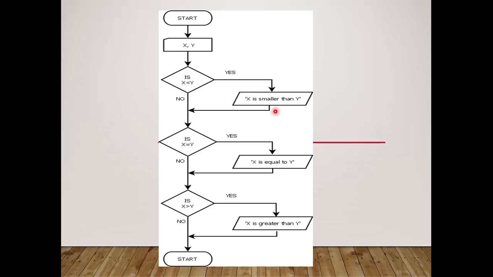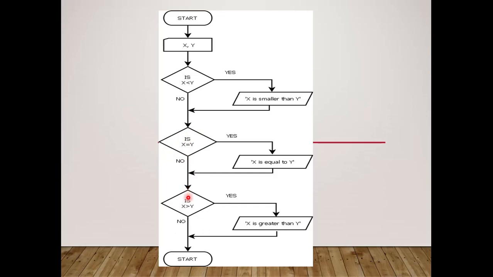If it is not true, in that case it will check another condition. If x is equal to y, then it should give the output in terms of output dialog box, x is equal to y, and it should go to the next one. If this is false, then it should check the last condition.